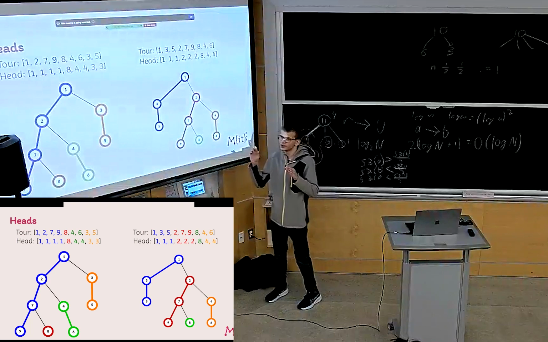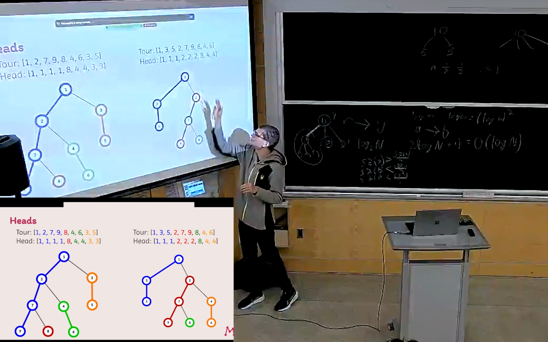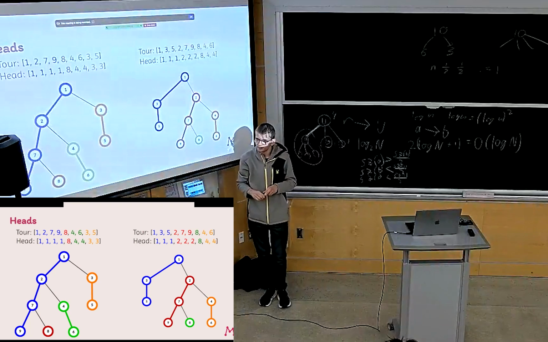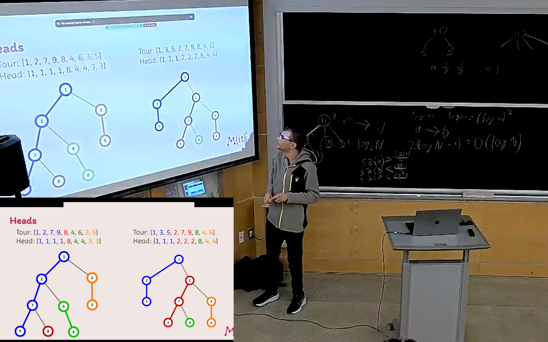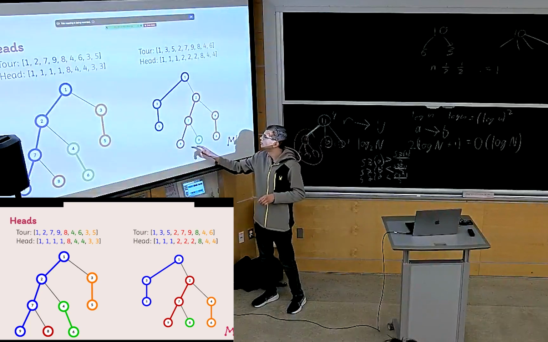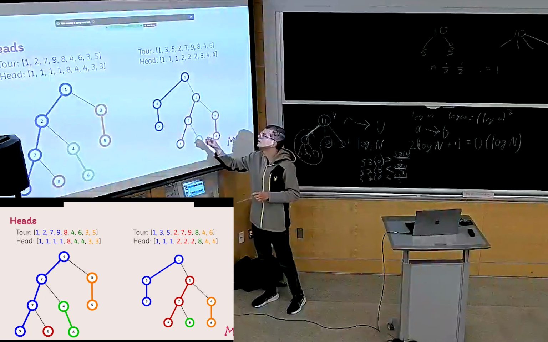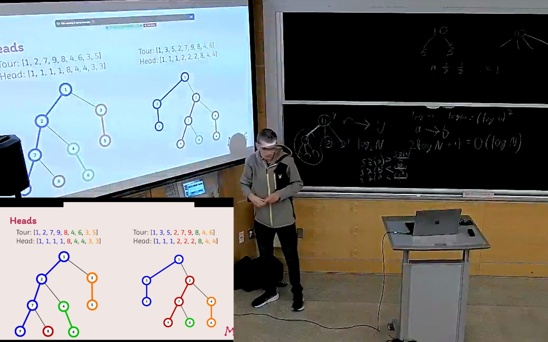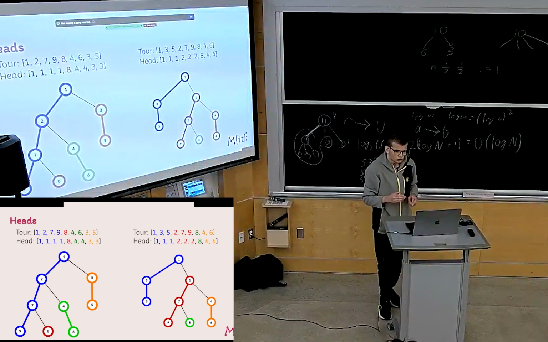We define the head of each segment as the node closest to the root, the one with the smallest depth, and we will store a head array where for each node we store the label of the head of its segment.